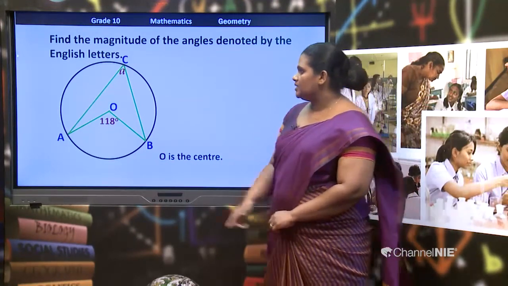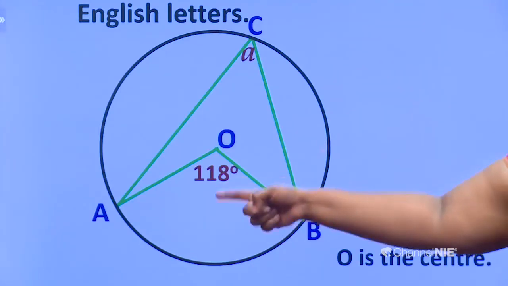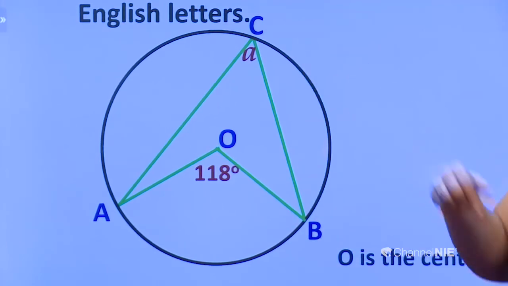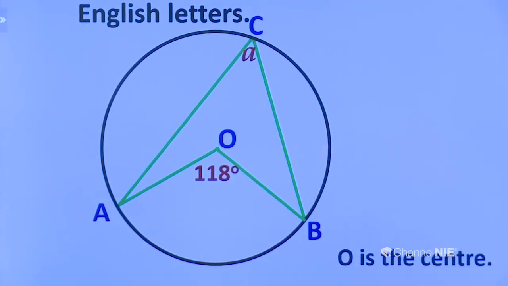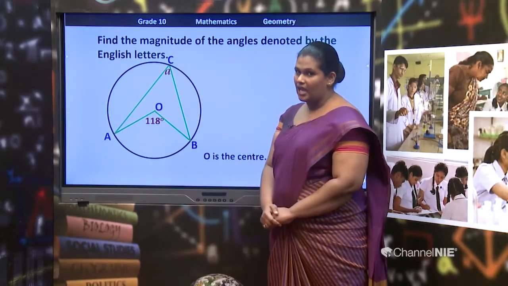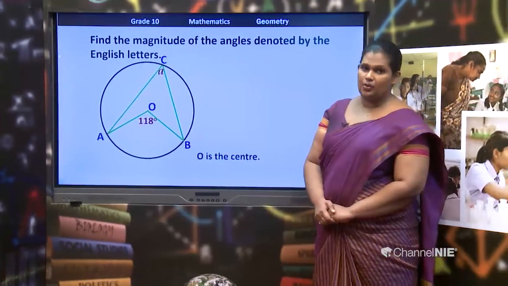Now, this is the angle subtended at the center by the minor arc AB. Using the same minor arc AB, we have the angle subtended at the remaining part of the circle. So, we can get twice A is equal to 118 degrees.